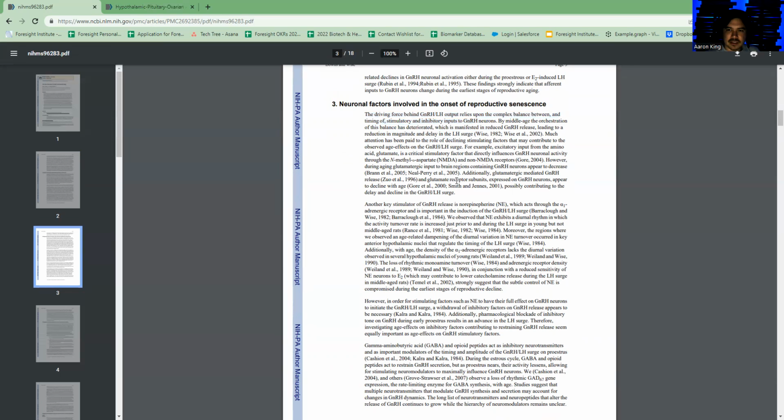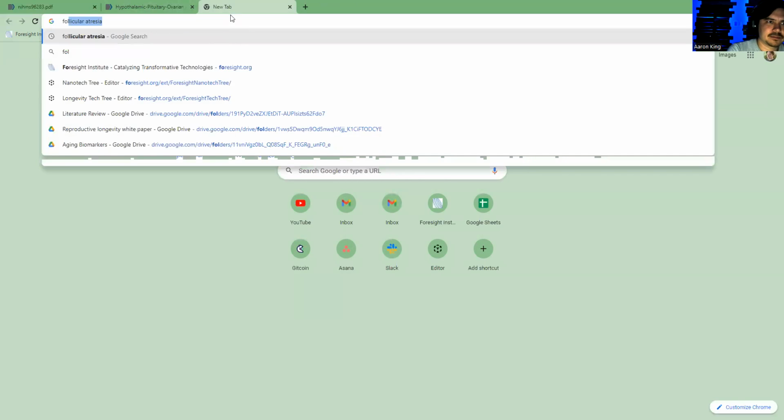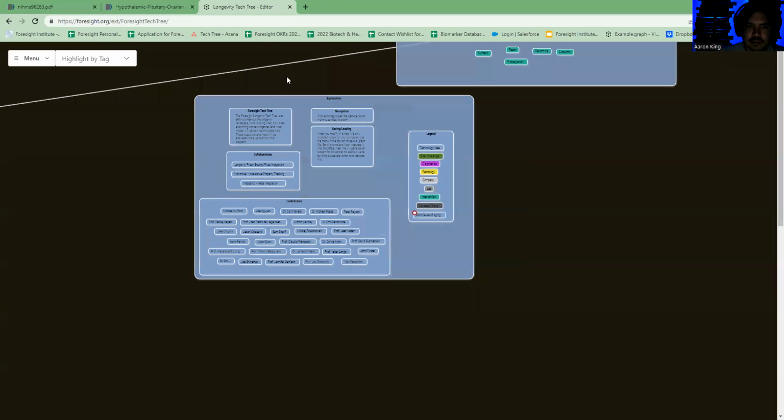So if we're getting into reproductive senescence, okay, here we have some kind of brain remodeling program. Okay, let's do this.